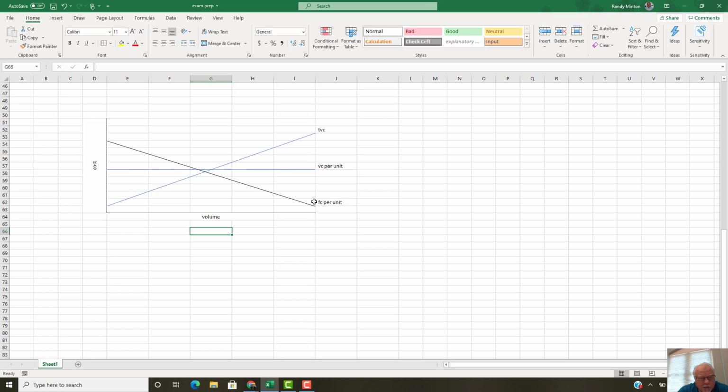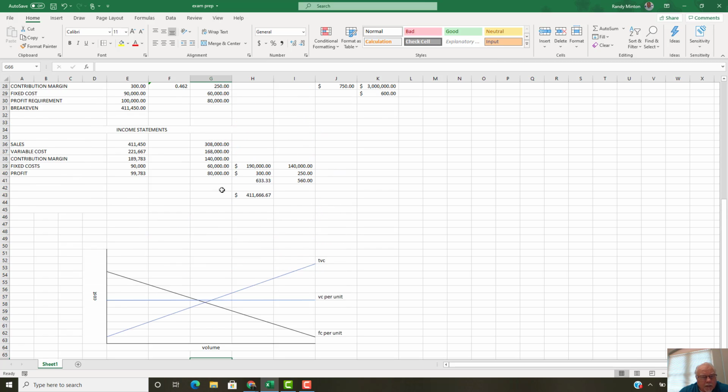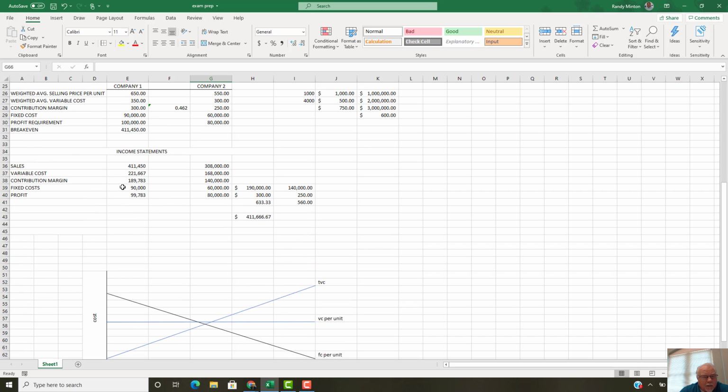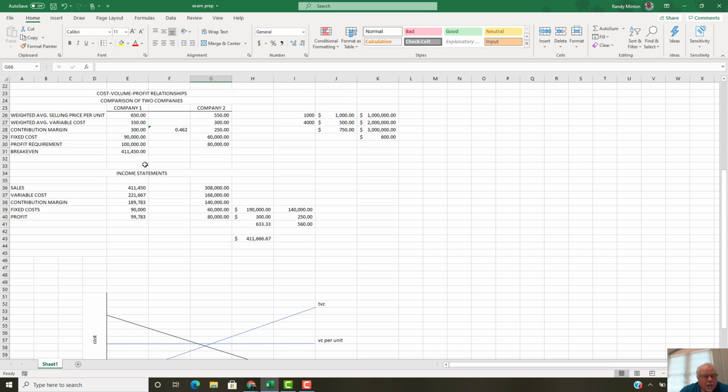So in the first instance that we looked at up here, once I hit this 411,450, now I'm including the profit in there. Once I hit this, every time I sell a product, I'm going to make this every single time. So if I sell one, I'm going to make 300 bucks. If I sell two, I'll make 600 and so forth. And over here, I'll make 250 every time I sell one beyond break even. So those are critical components.